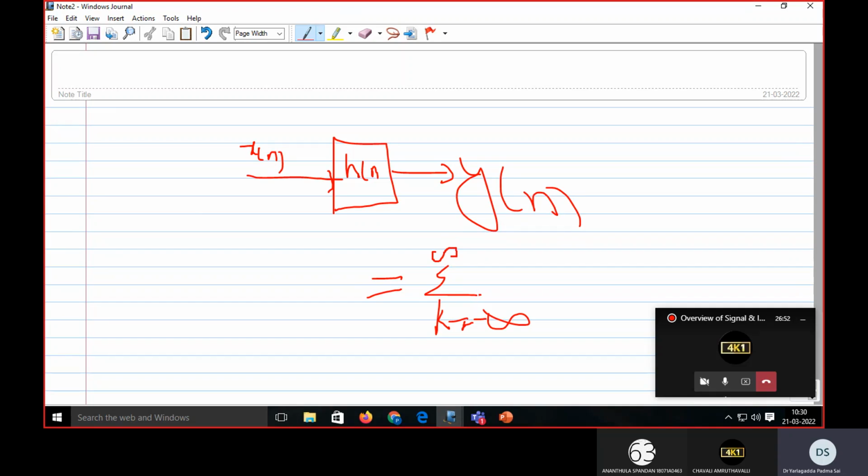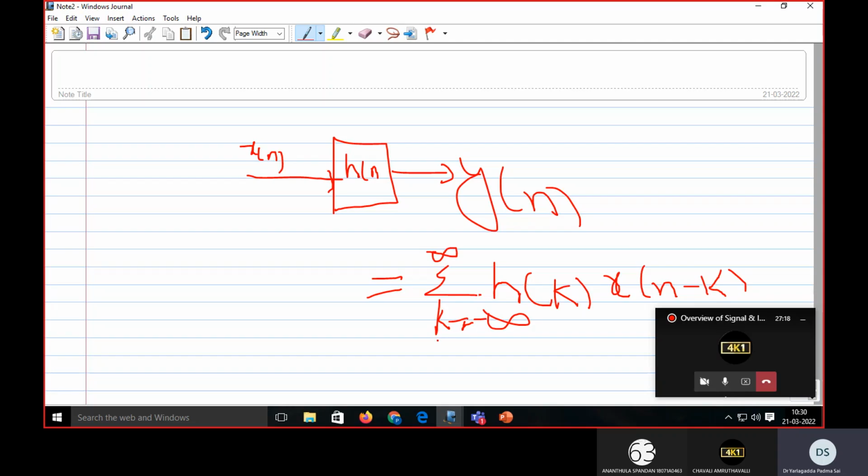You can take anything as first function. I am taking h[k] x[n minus k]. This is the convolution equation. Already all of you know this one. Or otherwise you can interchange. You can take x as first function, h as the second function.